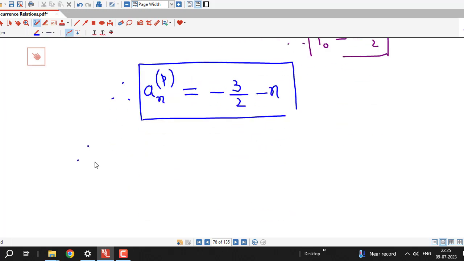In the next step we will write down the general solution by adding a n h and a n p.